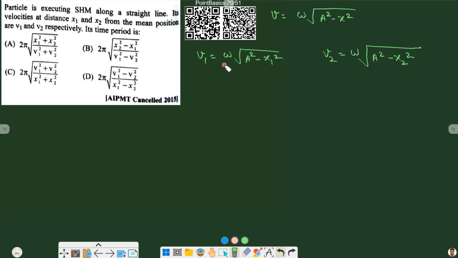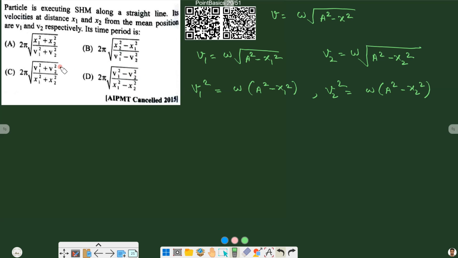Now squaring both sides, we get v1 square is equal to omega square times a square minus x1 square, and v2 square is equal to omega square times a square minus x2 square.